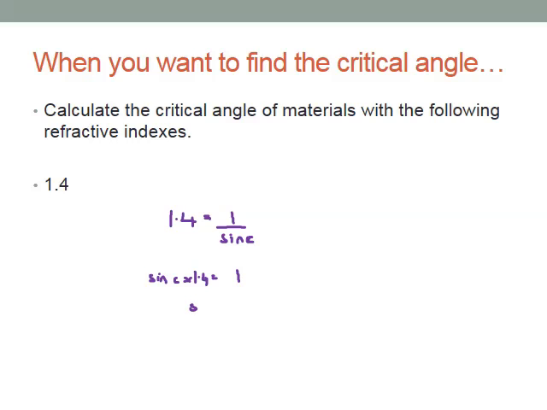Then you would divide by 1.4, so sine of c equals 1 divided by 1.4, which is 0.714.